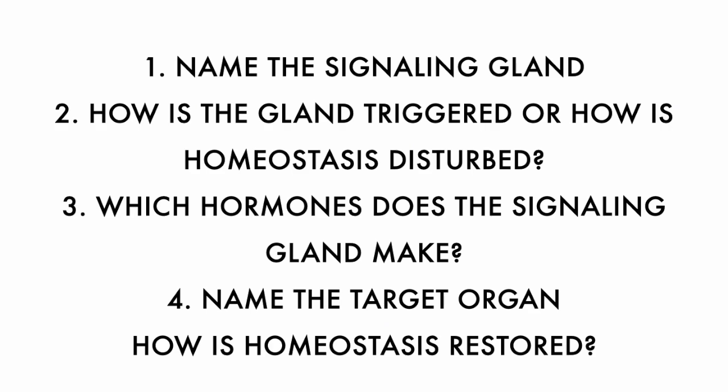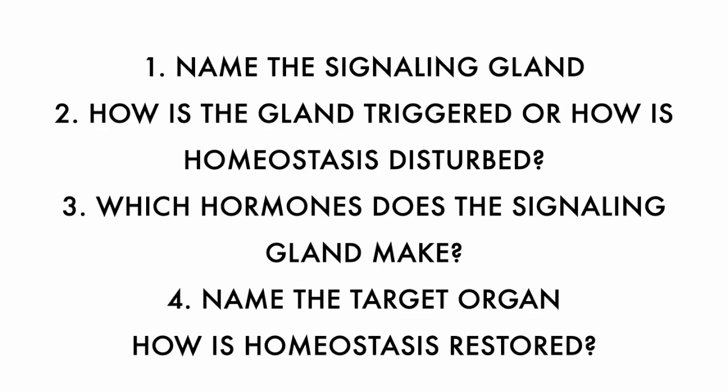And so for this last section, it's going to be fairly straightforward. We're going to study 4 areas. 1, we're going to name the signaling gland. We're going to ask the question, how is the gland triggered, or how is homeostasis disturbed in the first place? Which hormone does the signaling gland make?